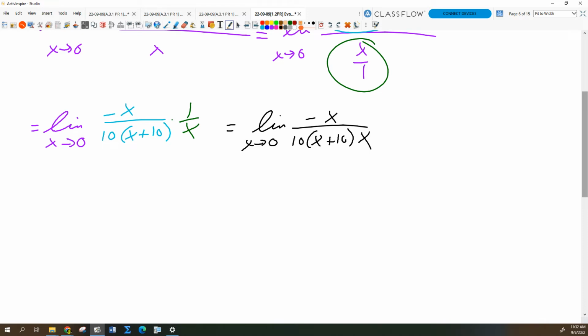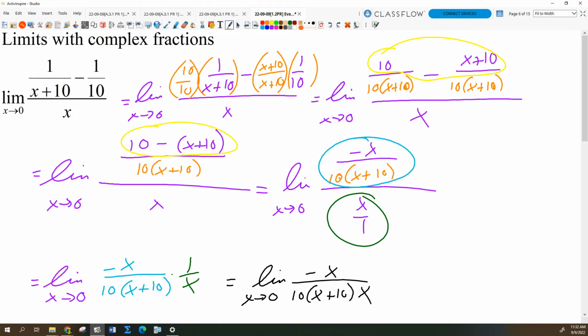Cancel the x's, right? Okay, and I could have asked you at the beginning, what's the factor? So the problem is when x approaches 0, I get 0 over 0, right? So what's the factor that goes with x equals 0? It's got to be x minus 0, right?